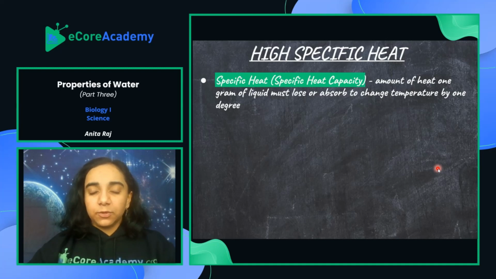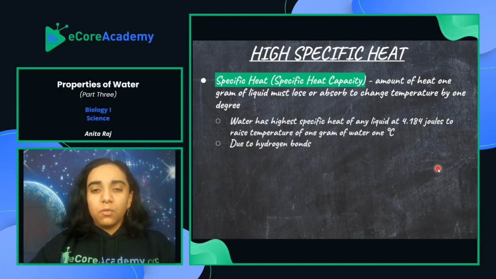It's going to be constant whether you add or take away heat. You're just trying to find out how much heat, that unit of heat, you need to add or take away so that you can change that 1 gram of water by 1 degree Fahrenheit. So that's what specific heat is.